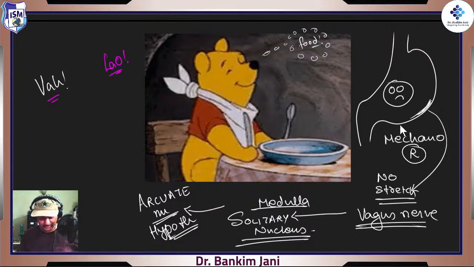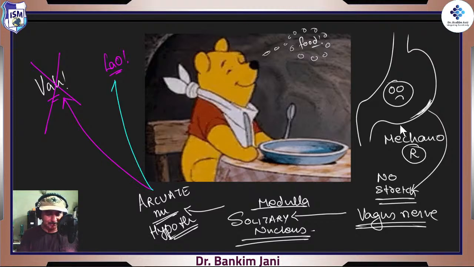What's the situation? The situation is the stomach is empty. So we need to tell the satiety center that you just don't speak anything. Otherwise, unnecessarily, if you say yes, this is very good, then food will not be served. And this get-the-food center, stimulate it.